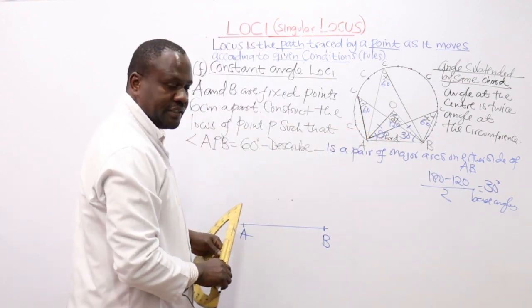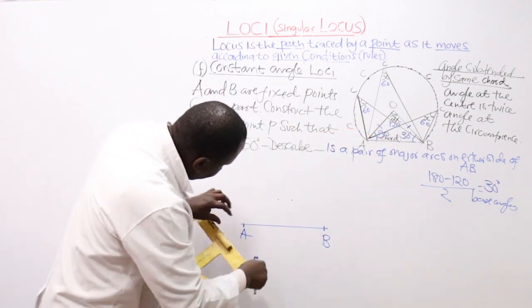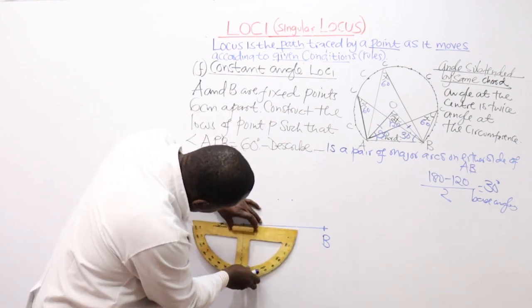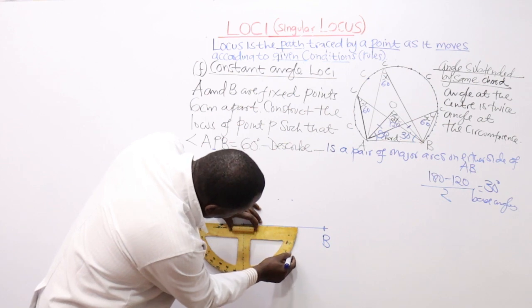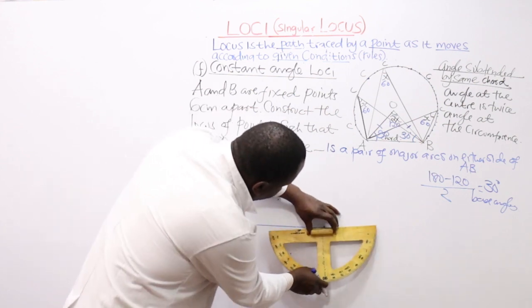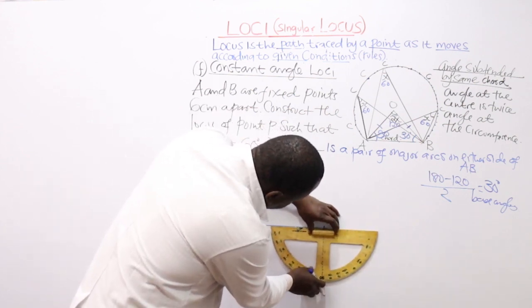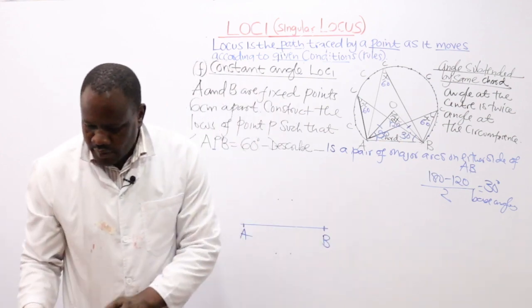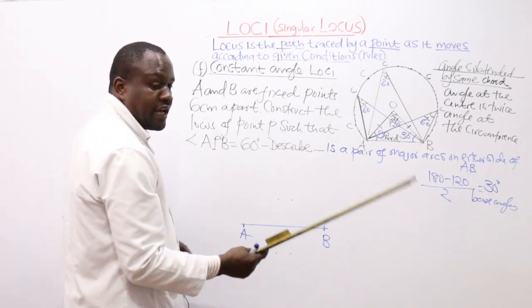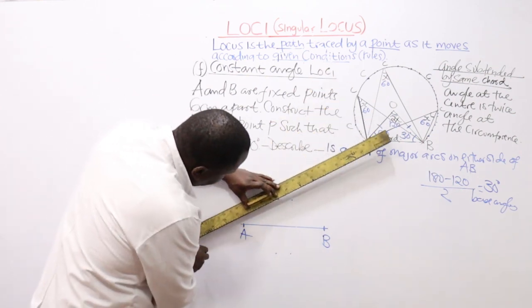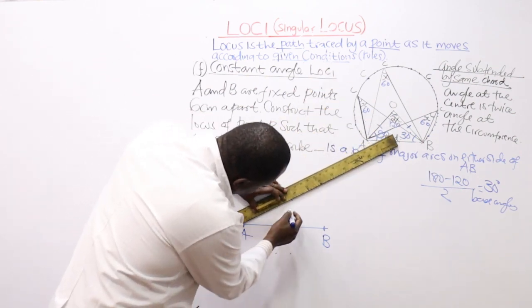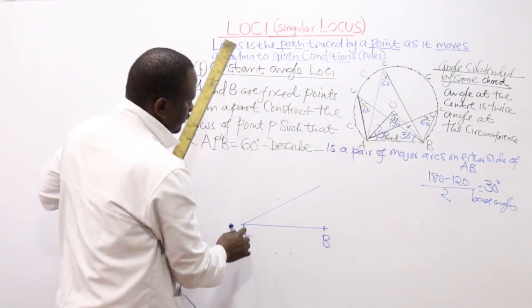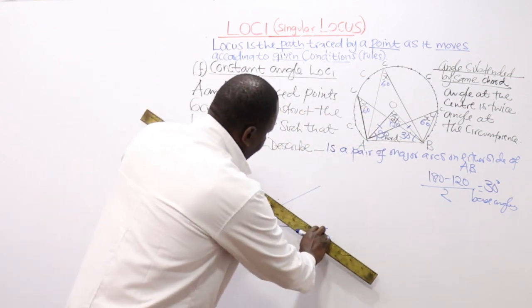Or it could be 30 down here, and 30 here. Then we draw the lines. This is 30. This other one is 30.